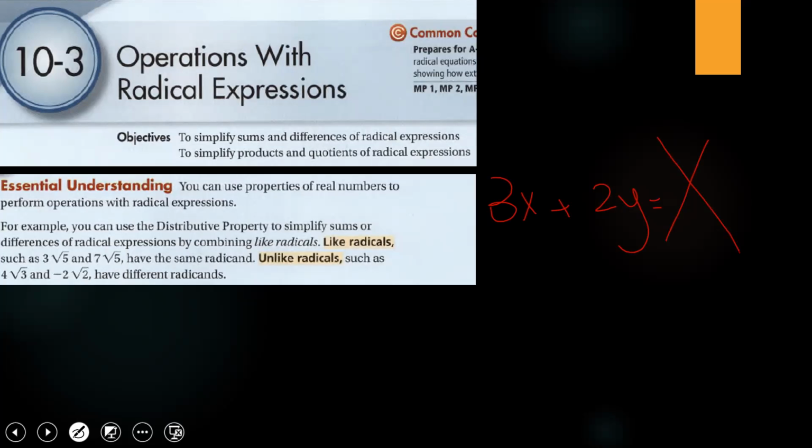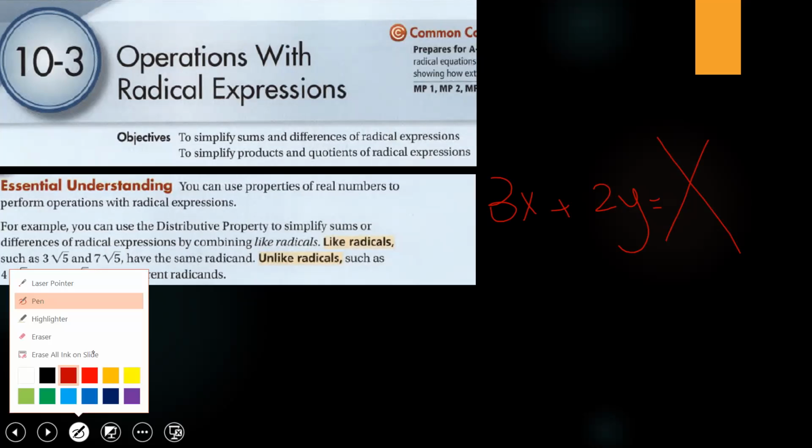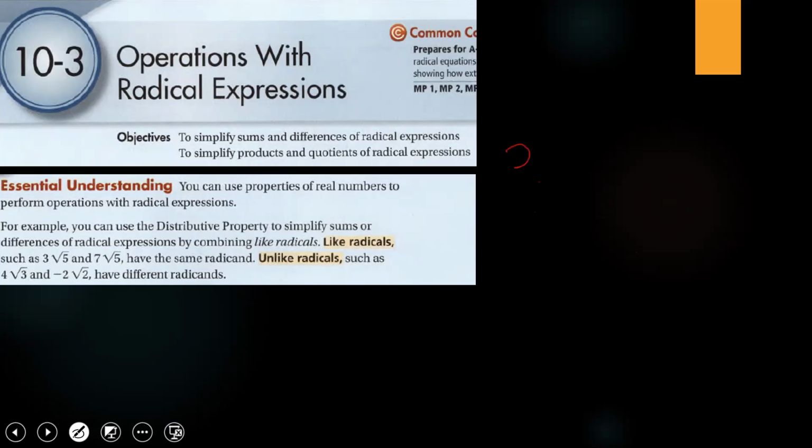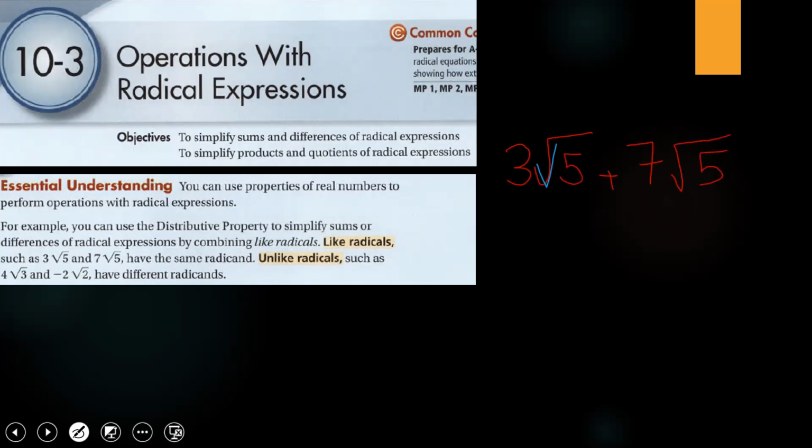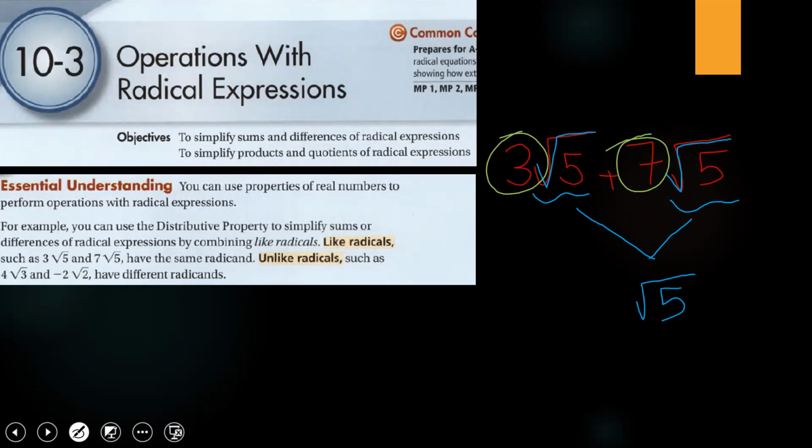What does it mean? That means if you have 3 square root of 5 plus 7 square root of 5, now look at the numbers under the square root. Are they the same? Yes. Since they are the same, I will choose one of them, and then I will add the numbers, 3 plus 7, 10.